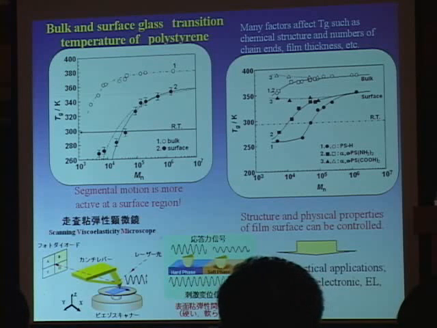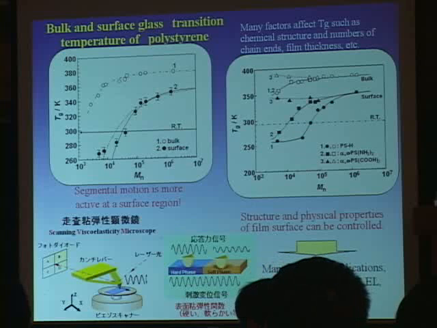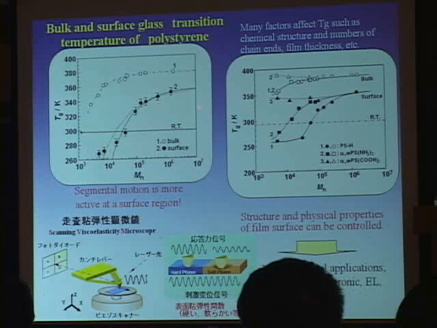Another example, important for practical use, is the solid properties or thermal stability of thin films, especially thin polymer films. We have been doing a lot of work on the surface and bulk properties of very thin films. In this case, I plotted the glass transition temperature of polystyrene as a function of molecular weight, for the surface area and bulk area.